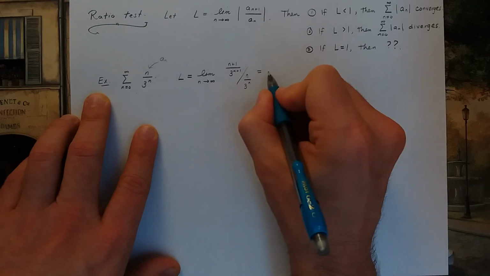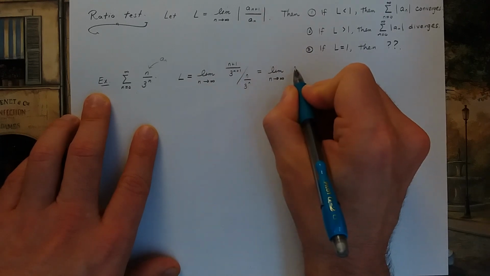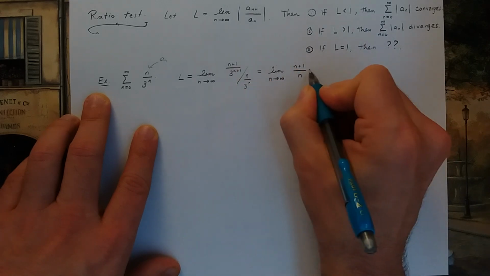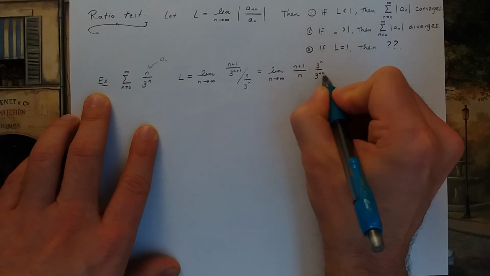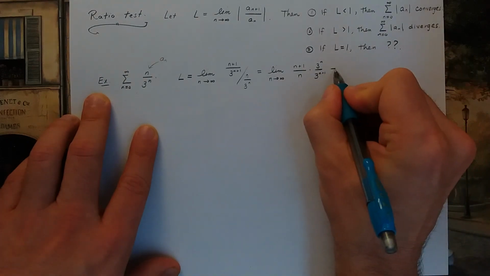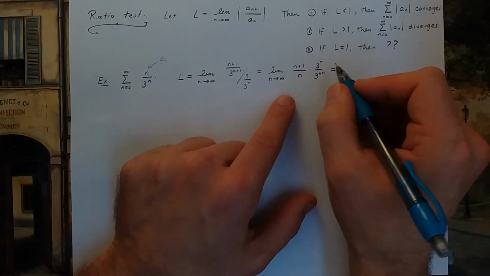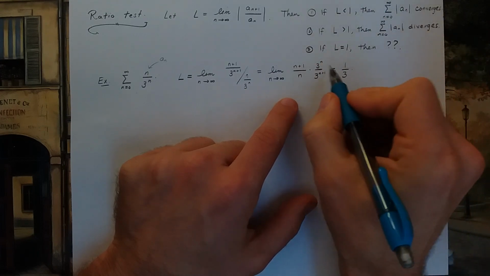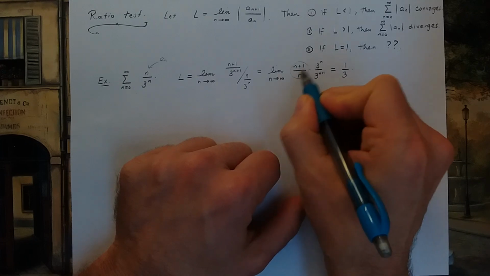So I'm going to simplify this a little bit. I think I'm going to get n plus 1 over n times 3 to the n over 3 to the n plus 1. Now, this limit is 1/3. Why? This term here, n plus 1 over n, has limit 1.